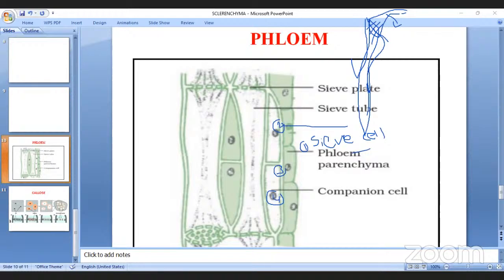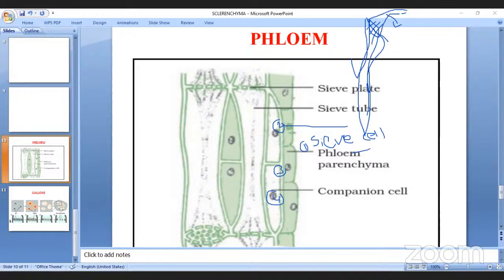Compared with sieve cells, these are somewhat drum-shaped, elongated structures. Sieve cells show only sieve areas, whereas sieve tubes possess sieve plates. The only difference is in the end walls: one has sieve areas, the other has sieve plates.